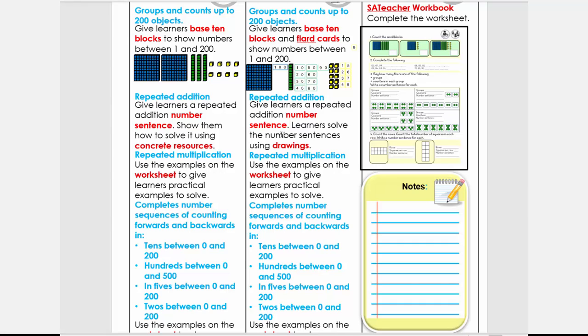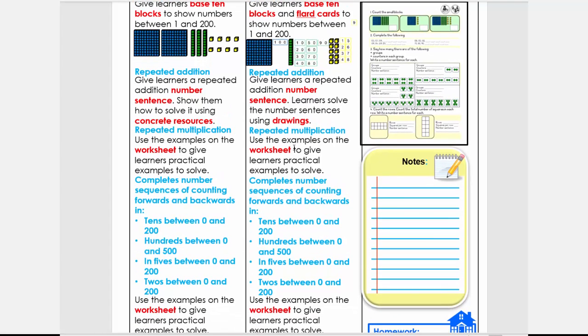So 2 plus 2 plus 2 plus 2 means the same as 4 groups of 2. So it means the same as 4 times 2. So do a few examples like this. Let them pack it out, let them draw it. Because in the foundation phase, it's very important that they understand times tables rather than just memorizing it.